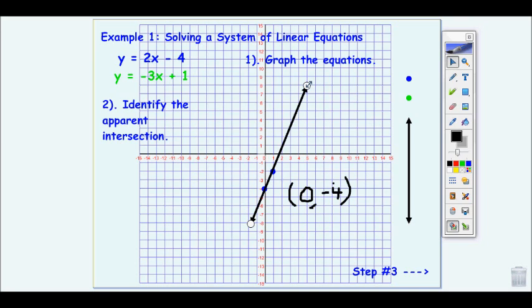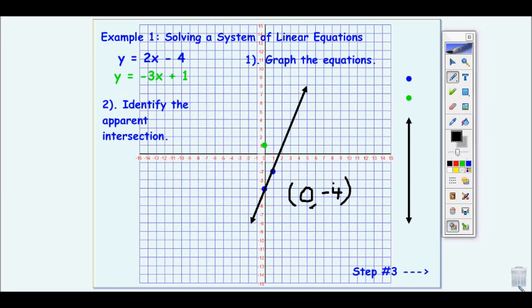All right, now I'm going to graph the bright green one. I'm going to go to the beginning again, and this time my y-intercept is going to be at 1. I forgot to label my slope here.